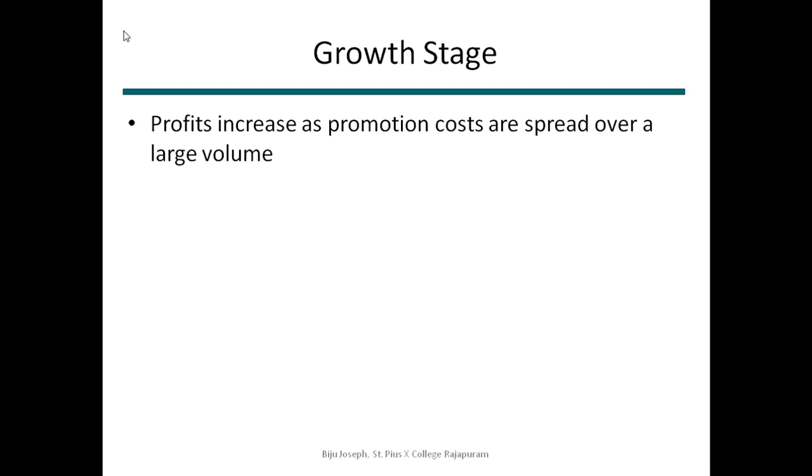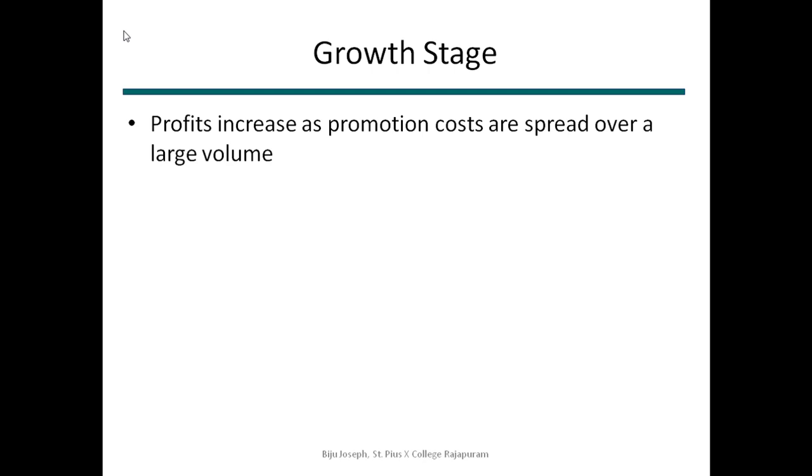For example, assume that you are spending 1 lakh rupees per month for advertisement, and you are producing 1 lakh units per month. So your promotional cost per unit is just 1 rupee per month.